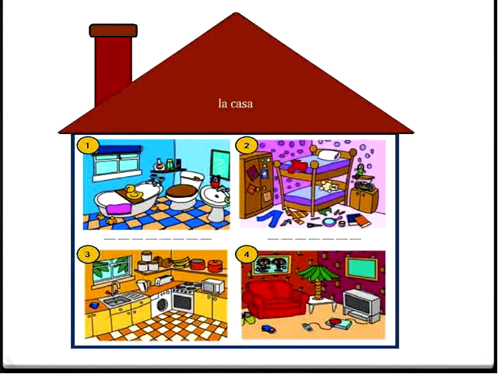Okay, so here is a picture of la casa. What I want you to do is just try to name as many as you can without looking at your vocabulary sheet that you already know. Okay? Try your best. And then you can go back and look at your vocab sheet and add vocabulary to your house.